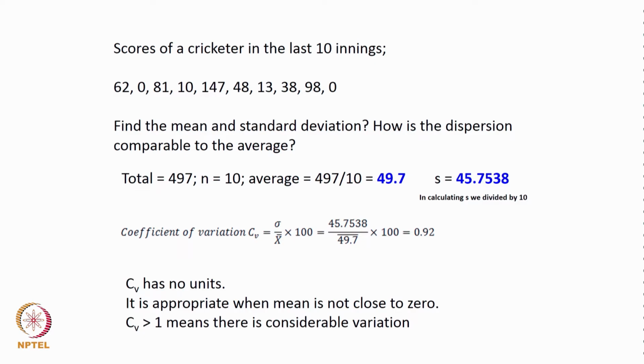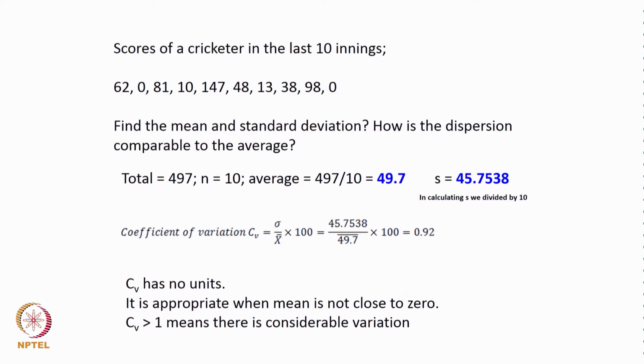So, we now use standard deviation as a measure of dispersion, and in order to compare the standard deviation with the average, we compare the measure of dispersion with a measure of central tendency and find out the ratio which we call sigma by x bar.